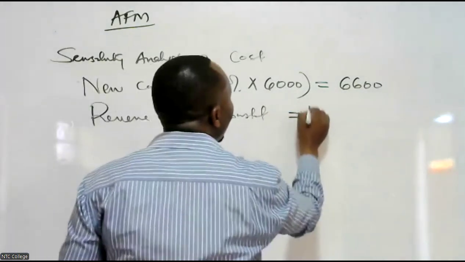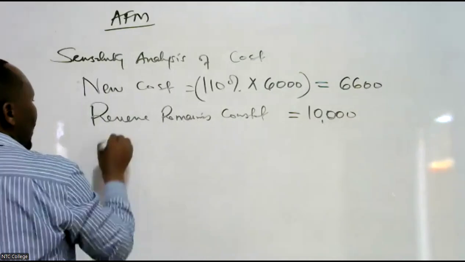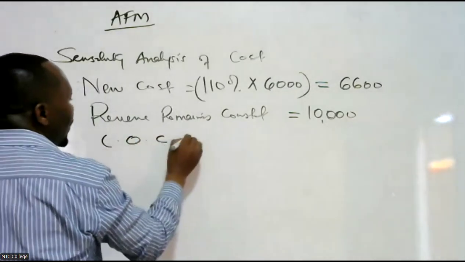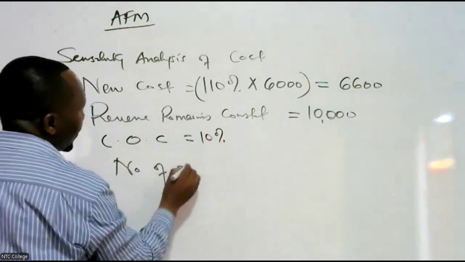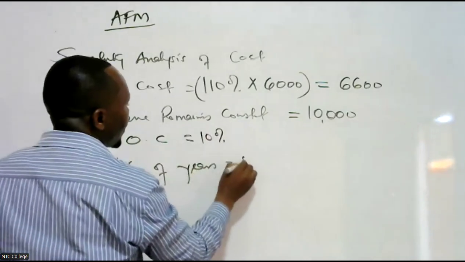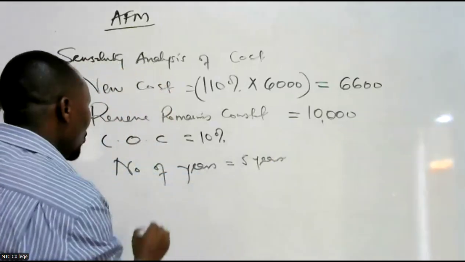So revenue is still 10,000, right? And the cost of capital remains 10%. Same time, the number of years is still 5 years.